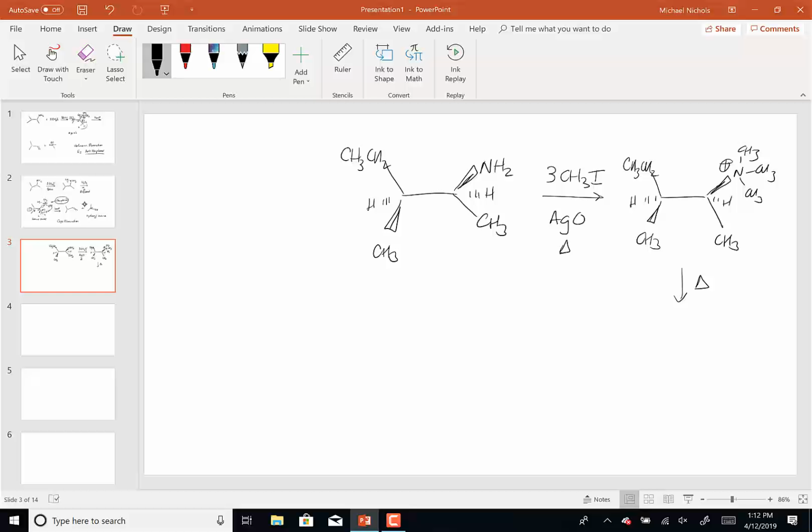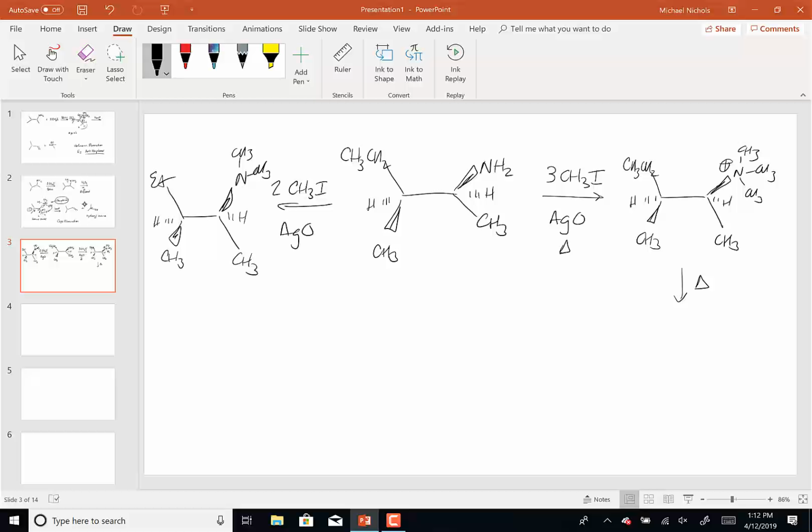Then over here, I might use 2 equivalents of methyl iodide with silver oxide, and that's going to add 2 methyl groups to the nitrogen, so it's going to be just a tertiary amine. And then the left carbon, nothing changes with it.